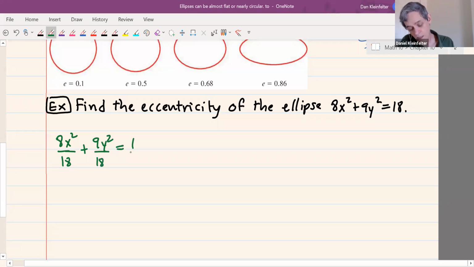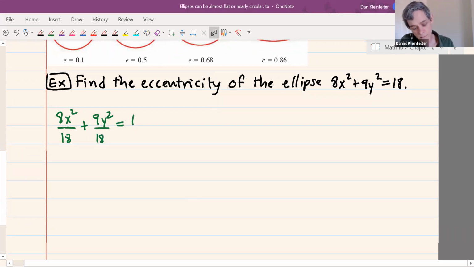Then we'll have a 1 on the right side, which is what we need. So 8/18 is the same as 4/9, so we write 4x squared over 9. I'll figure that out in a minute. 9/18 is a half, so we'll have y squared over 2.